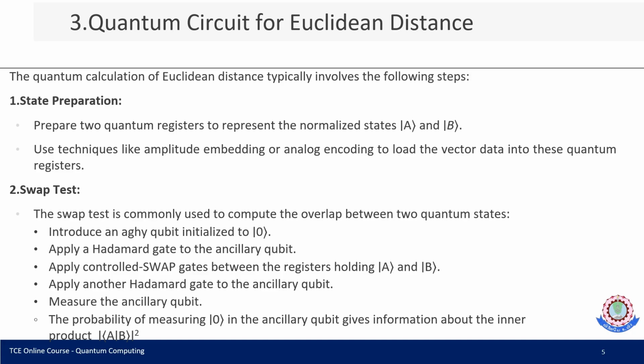Here we introduce an ancillary qubit in ket 0, apply the Hadamard gate and controlled swap gates between the registers holding ket A and ket B, and apply another Hadamard gate to the ancillary qubit. Measure the ancillary qubit also. The probability of measuring ket 0 in the ancillary qubit gives the information about the modulus squared of the inner product of A and B.